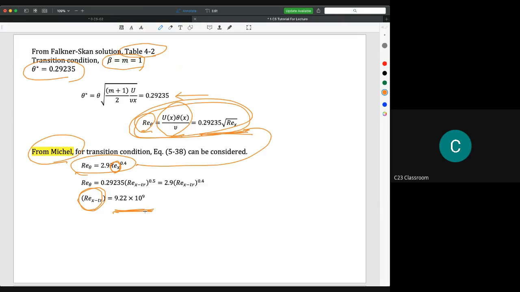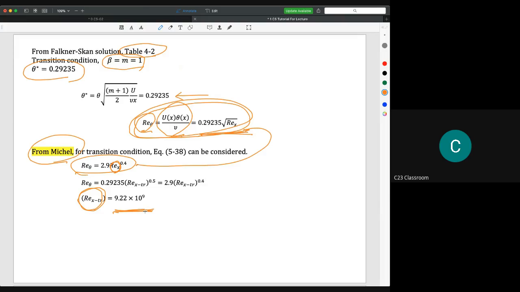So actually we have a lot of equations now. We have Falkner-Skan, we have Thwaites, we have Michel, and so on. I hope you could read your textbook. You will find that it was a few famous names who conducted experimental work or research about boundary layers in the early 19th or 20th centuries.